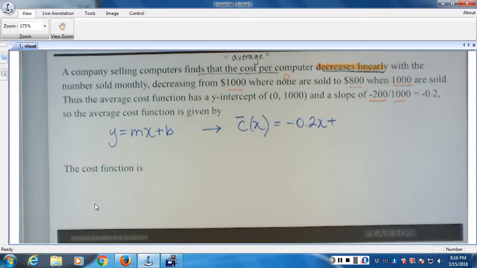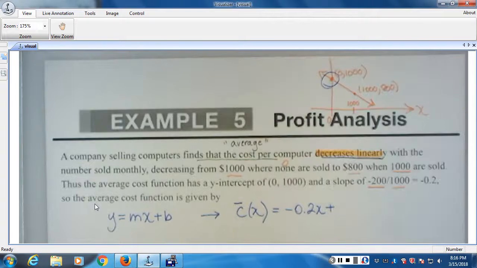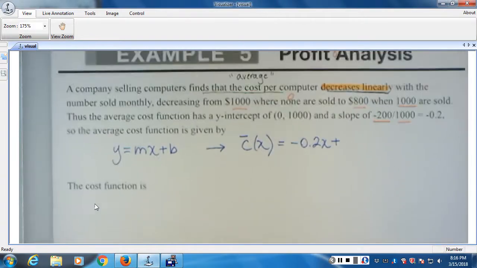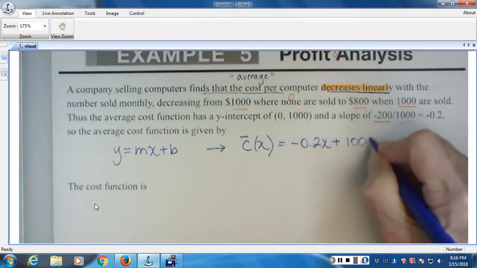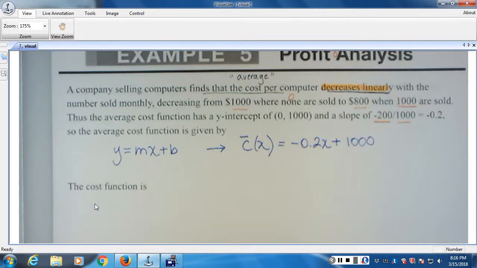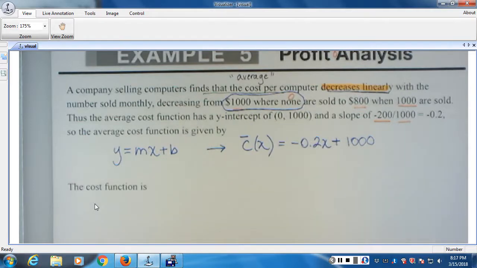What's the y-intercept? $1,000. That's why I drew you the picture. When your variable is 0, none are sold. Okay? That's your average cost function.